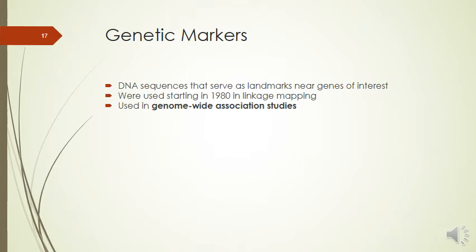The first human genes mapped to their chromosomes encoded blood proteins. Because these were easy to study, in 1980 researchers began using DNA sequences near genes of interest as landmarks called genetic markers. These markers need not encode proteins that cause a phenotype.